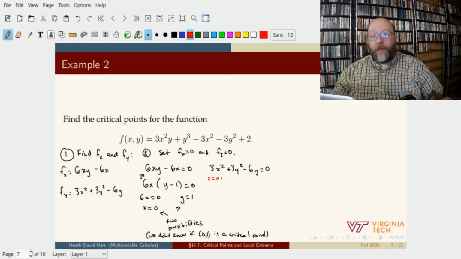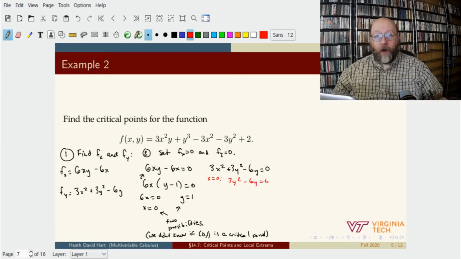So in the possibility that x is equal to 0, we have 0 plus 3y squared minus 6y is equal to 0. I can take out a 3y, so that leaves me with 3y times y minus 2 is equal to 0. And I get two possibilities.